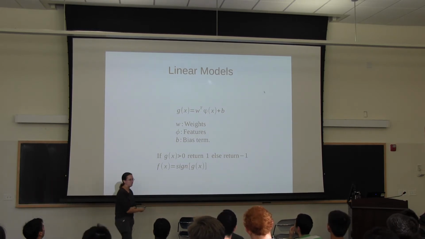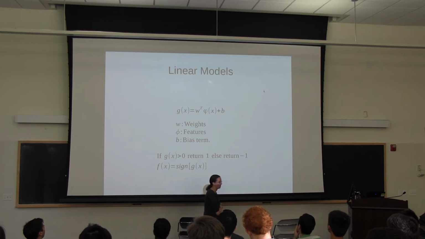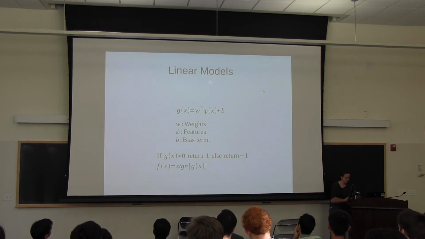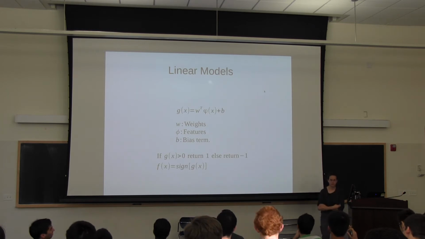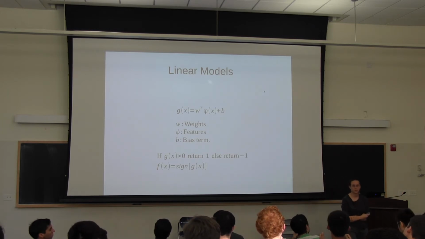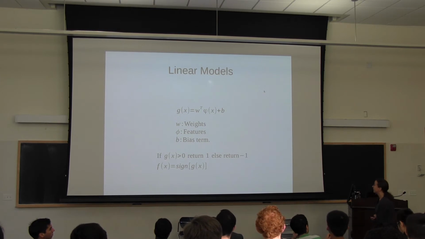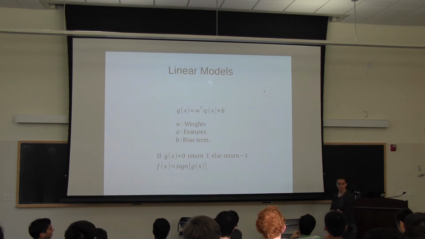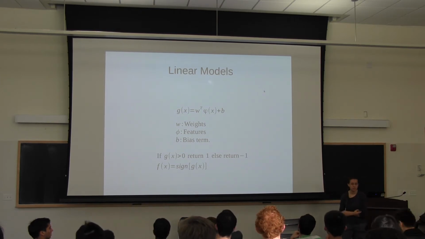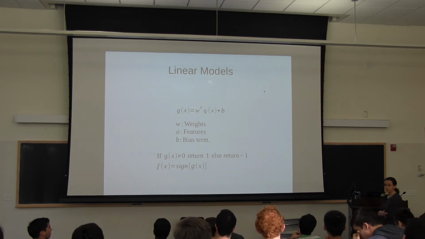What are some different ways you might think to pick the weights? What might you try to do? Yeah, how about still use gradient descent? Yeah, that's good. So you can try to minimize your error on the test set. Good. Is that the only thing you could do?